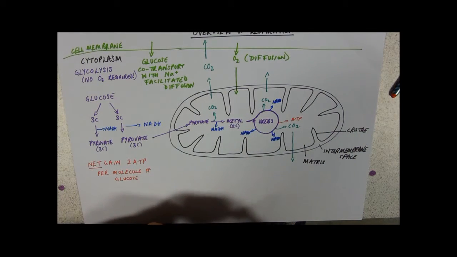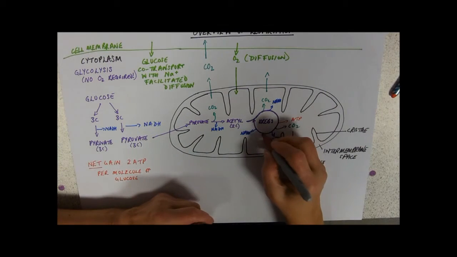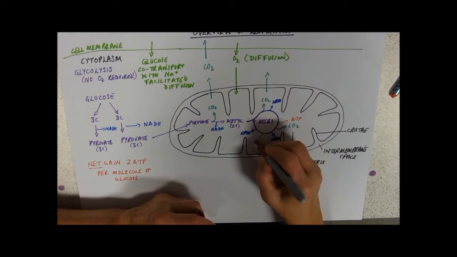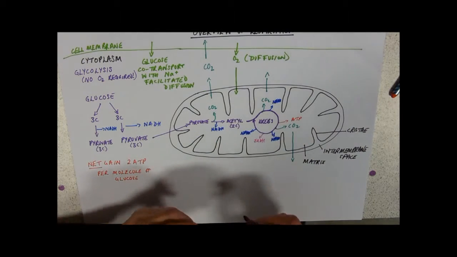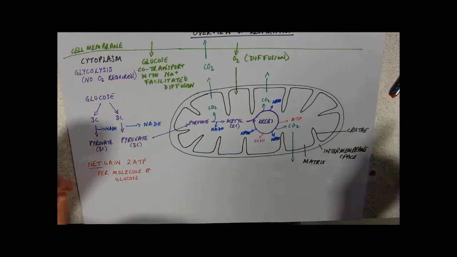And we're going to use a different coenzyme to carry one of those hydrogens, and that different coenzyme is FAD. So we're going to be taking the hydrogen away on those 3. So that's kind of the overview.